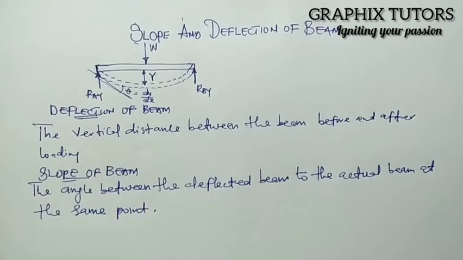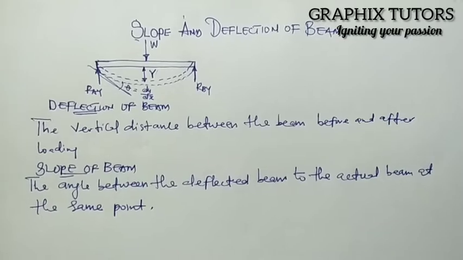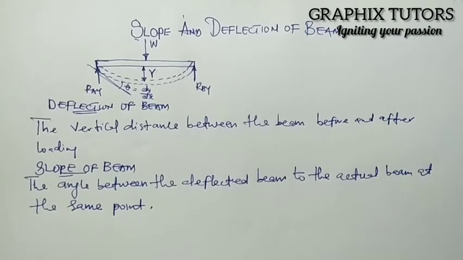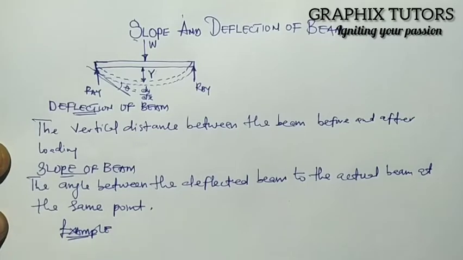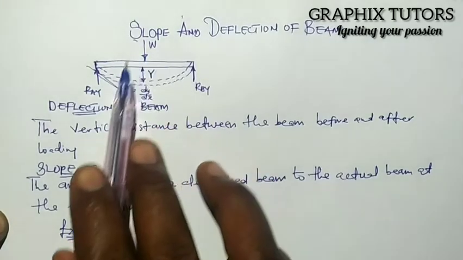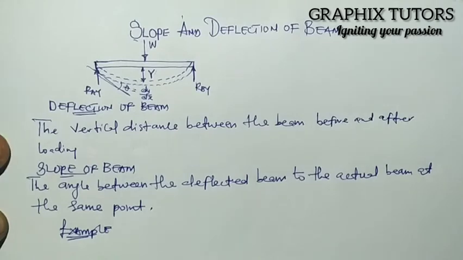Now let's take a very good illustration on how to calculate the slope and deflection of a beam. Example. We have some boundary conditions that we apply whenever we're talking about slope and deflection, right?